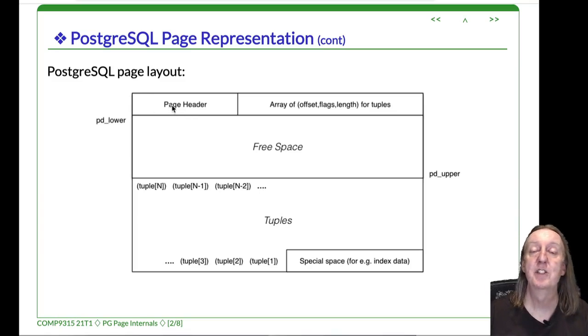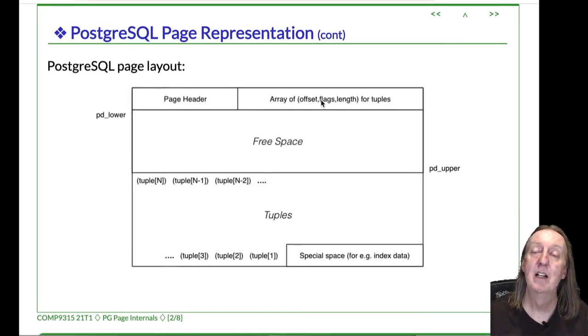So the page header starts at the top of the page. Anyway, it doesn't matter, it starts at one end of the page. And then we have the directory, the offset, flags, length for the tuples. So the location of each tuple is stored in the offset, and the length of the tuple is stored here.